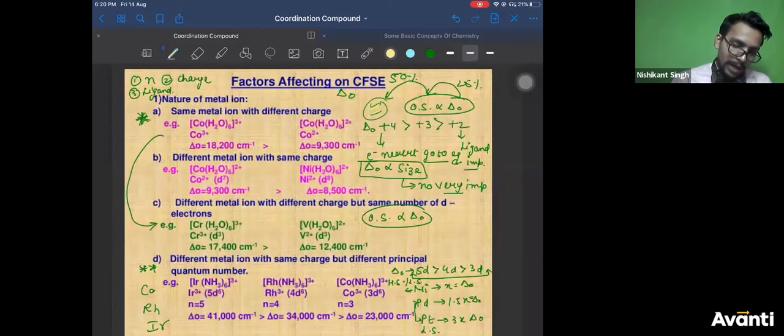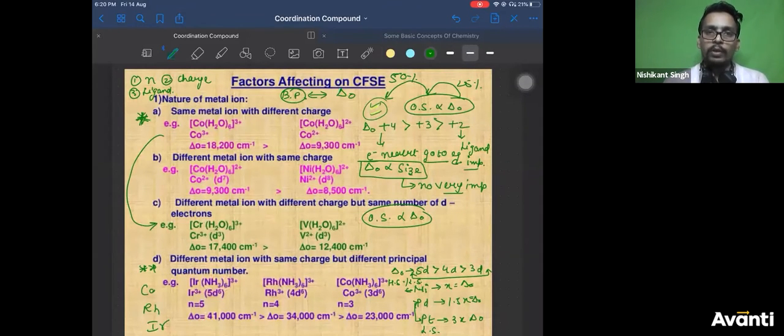So you can in fact say delta O can be considered the same as back pairing in VBT. So if ever you want to apply these points, you can definitely explain it in VBT also.